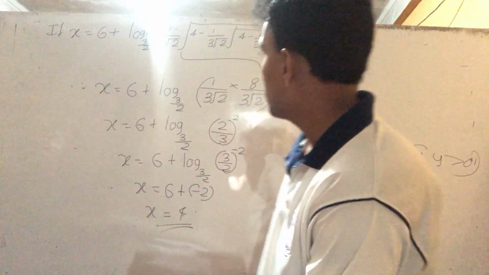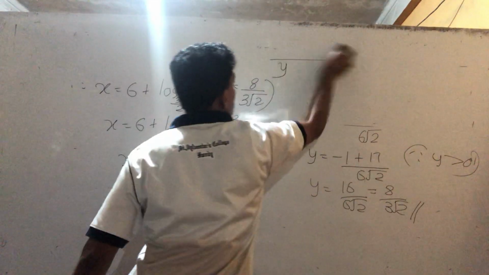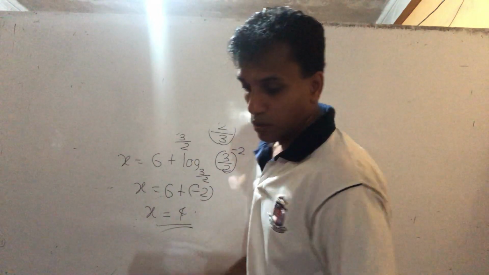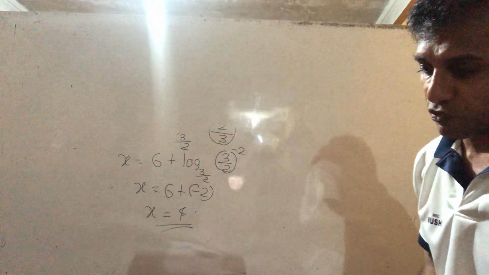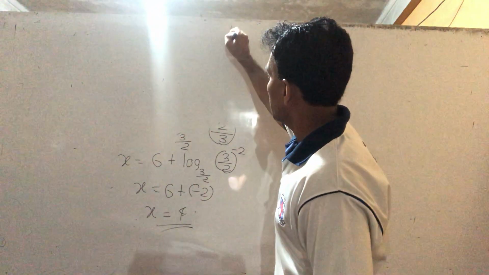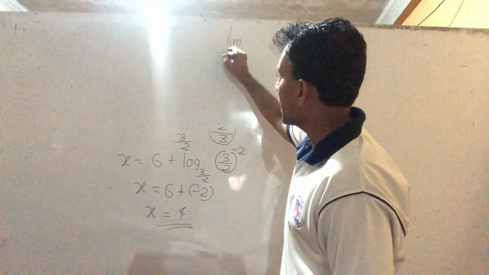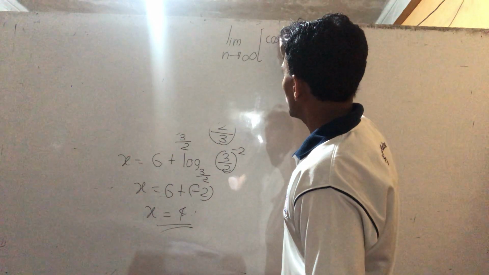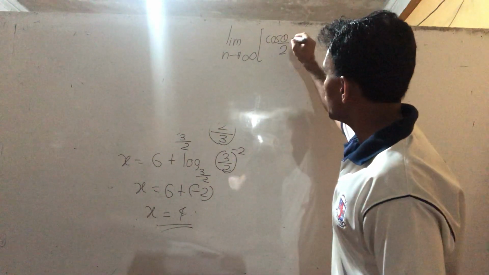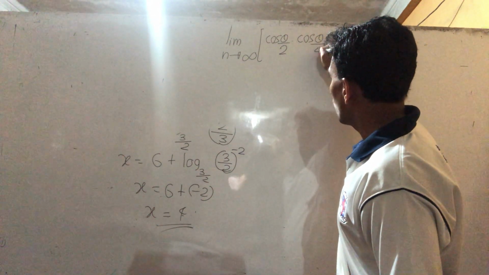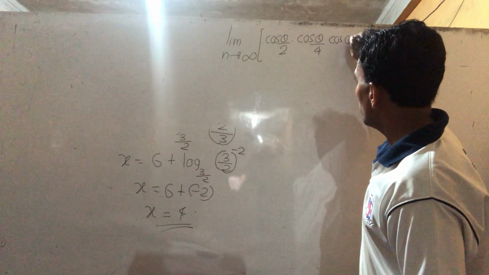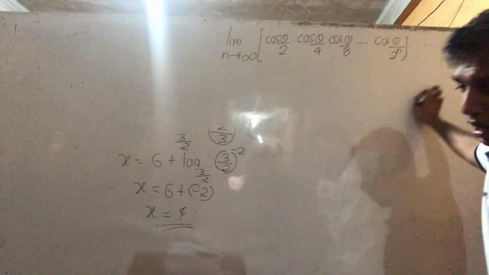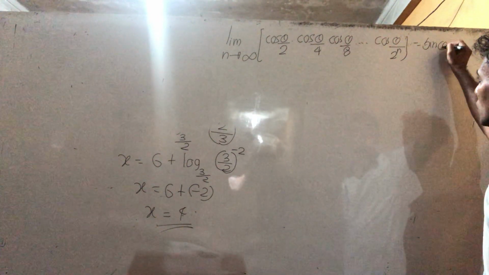Okay, see the next question, a limit problem. They said using the sine 2 theta expansion for sine theta, prove that the answer also given: the limit as n tends to infinity of cos theta by 2 into cos theta by 4, cos theta by 8, into cos theta over 2 to the power n, is sin theta over theta.